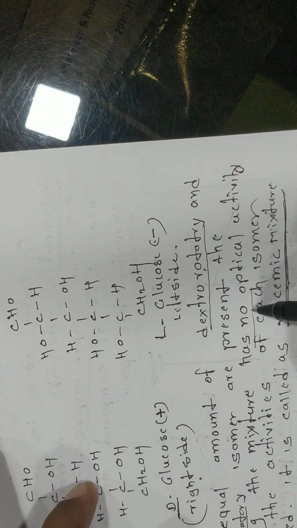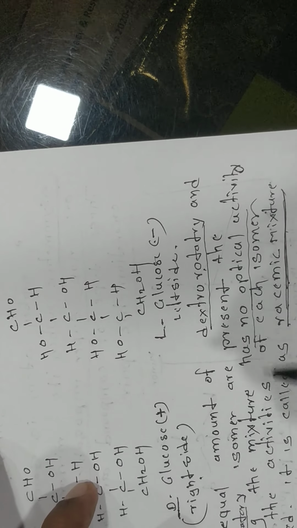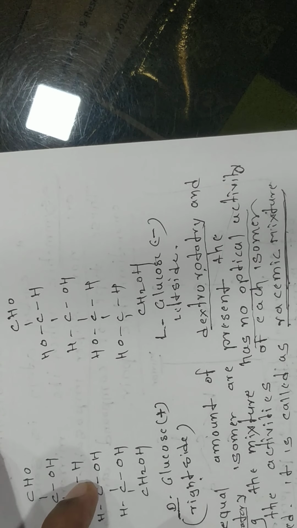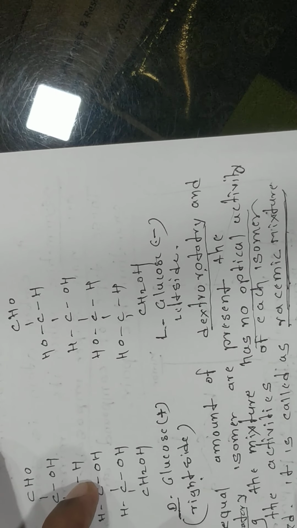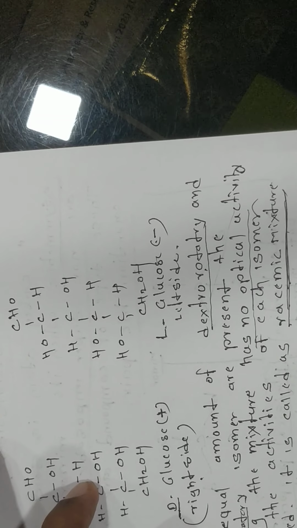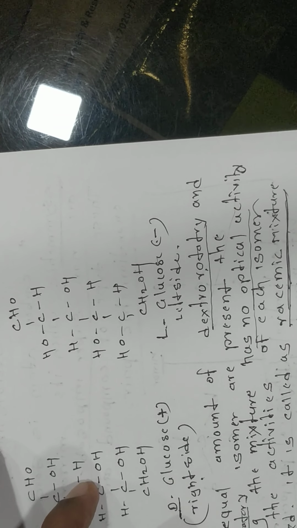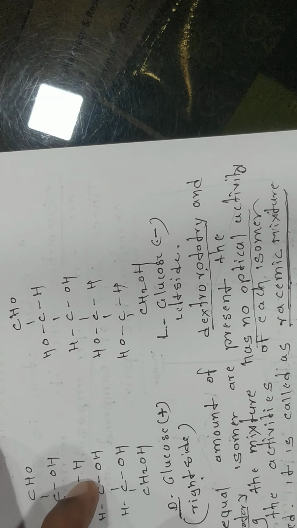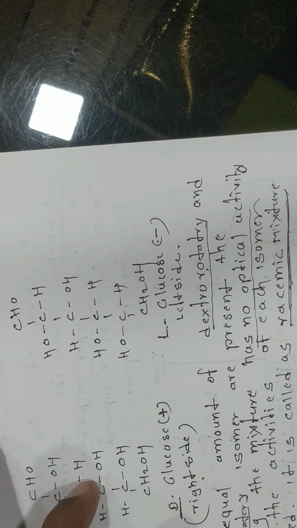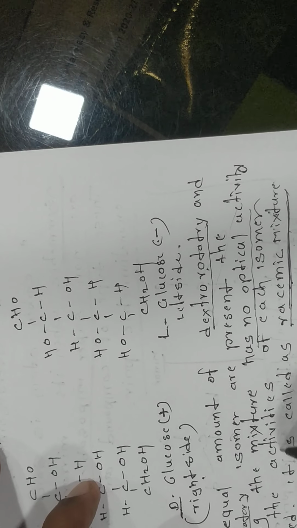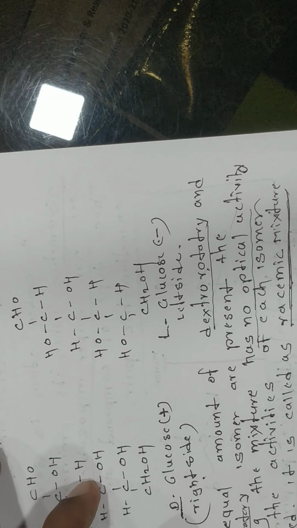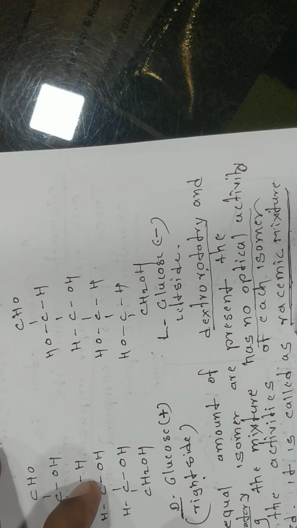That mixture has no optical activity. Why? Because plus minus is equal to 0, they cancel each other. Their activity is cancelled. Plus minus, see, these are the left side, these are the right, and this cancels the optical activity, and such a compound is called a racemic mixture.